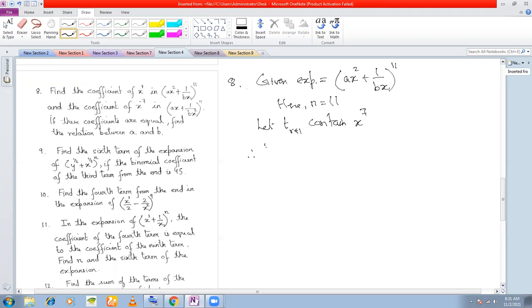So therefore, what is this term here? T(r+1) is 11Cr (ax square) to the power of 11 minus r into (1 by bx) to the power of r, right?